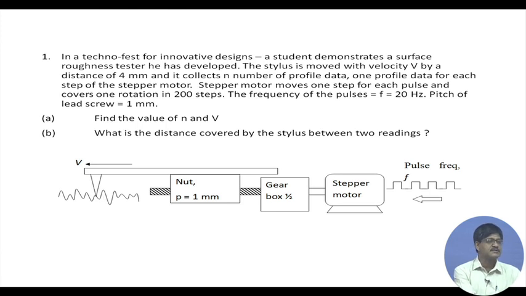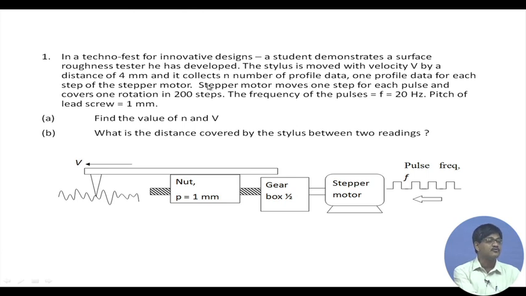So, the student has developed this through devices that we are conversant with. Let us have a look. The stylus is moved with velocity v by a distance of 4 millimeters. So, the movement that the stylus is executing is 4 millimeters and it collects n number of profile data, one profile data for each step of the stepper motor.